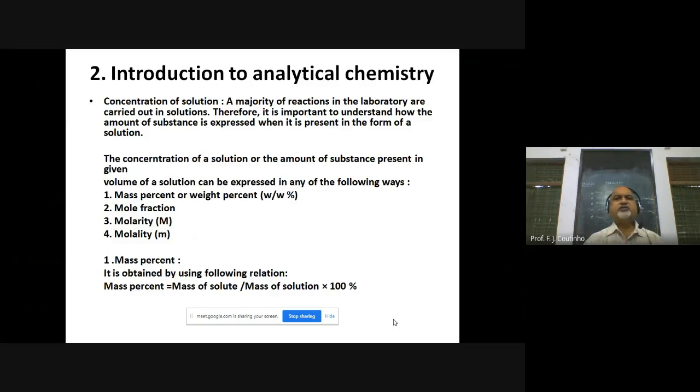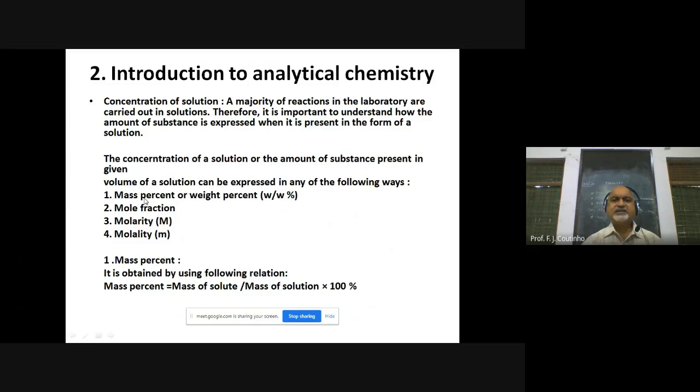The concentration of a solution, or the amount of the substance present in a given volume of a solution, can be expressed in any of the following ways. The first is mass percent or weight percent.